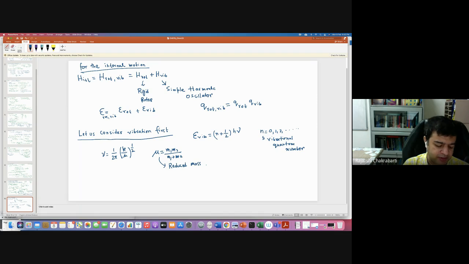This is not a very difficult thing to do. And for a molecule, you will see that it is around 1000 centimeter inverse. And the value of k is on the order of 10 to the power 5 to 10 to the power 6 dynes per centimeter. Here's some information. You can check a book. It will tell you how it is done.